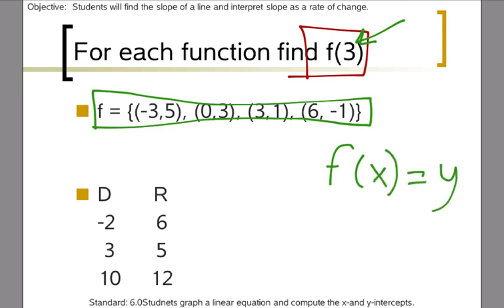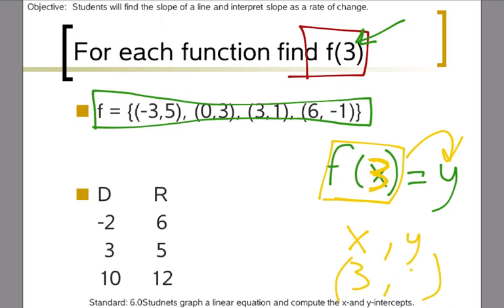So the question is, what y value do you have when x is 3? So you go up here and you find an x value of 3, and the corresponding y value is 1. So the answer is 1 for this first problem.